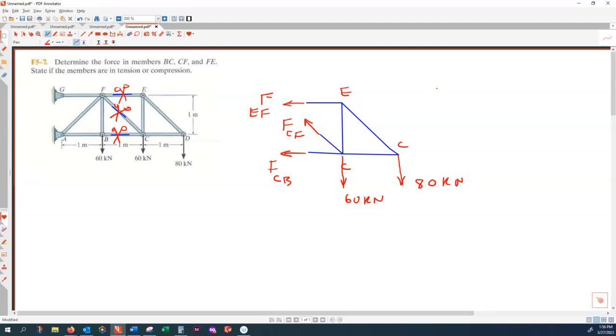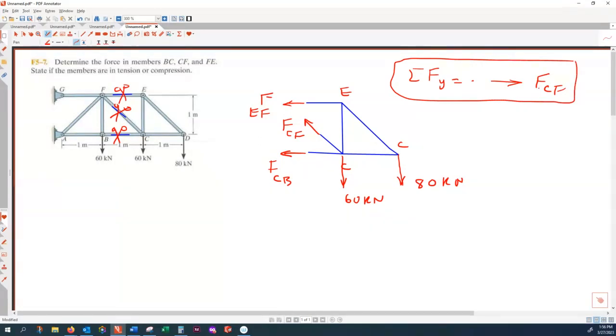Also, I can apply net forces. If I apply net forces in y direction equal to 0, what can I get out of that? Yes, well done, FCF. So maybe this is an easier start, right?